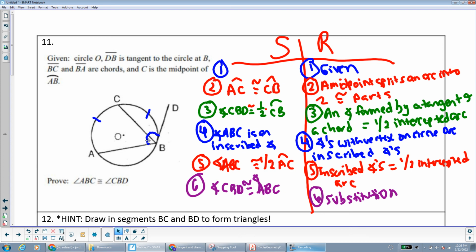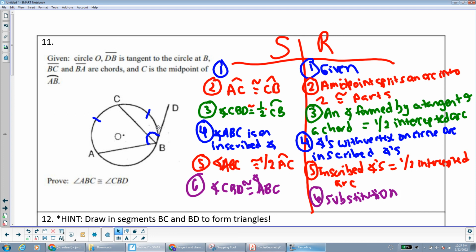Then I mentioned that angle ABC is an inscribed angle because its vertex is on the circle. And we know that angle ABC is half of its intercepted arc because inscribed angles are half the measure of their intercepted arcs. Finally, we can say that CBD and ABC, the two angles, are congruent to each other due to substitution.